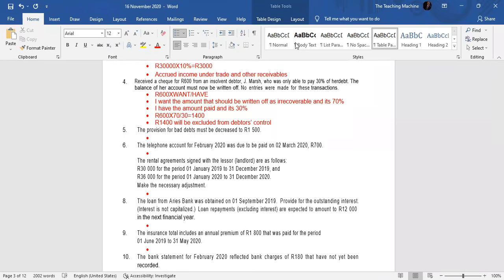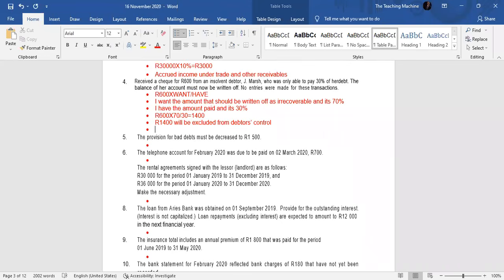So if we received money, why trade and other receivables instead of trade payables? Let me first explain the 600, then I'll answer your question. If we have received the payment, that payment needs to go straight to the bank. So this 600, yes, will be added to the bank under cash and cash equivalents.